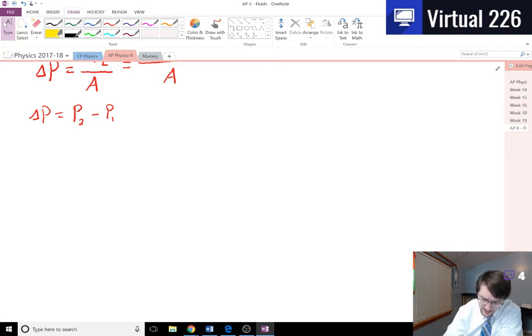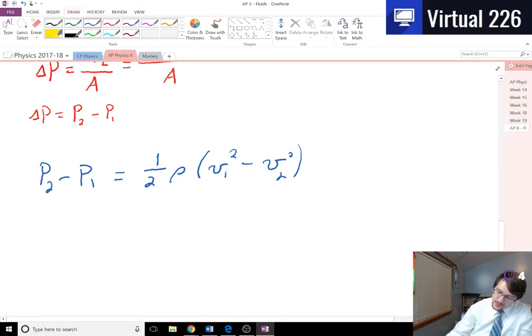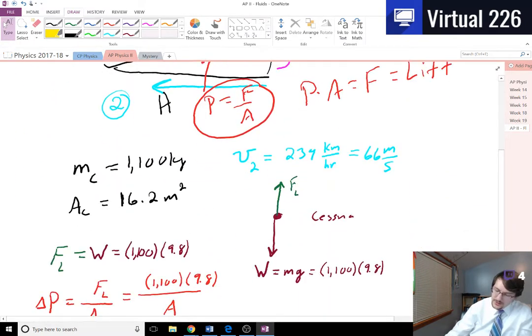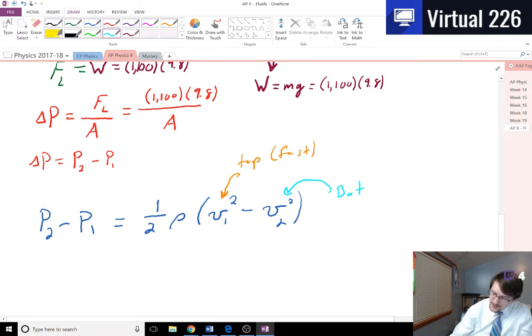If we wanted to write this out for completeness, we could say that P2 minus P1, that side of the Bernoulli, equals 1/2 rho times V1 squared minus V2 squared, where remember, we are calling V1 the top side, and that's the fast. We're calling V2 the bottom, the slow side.